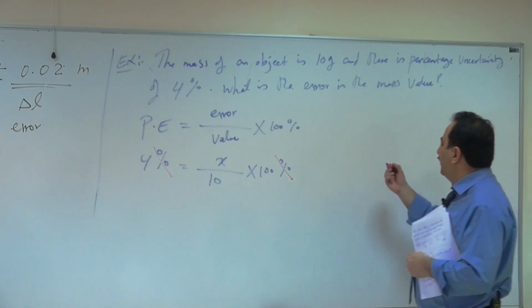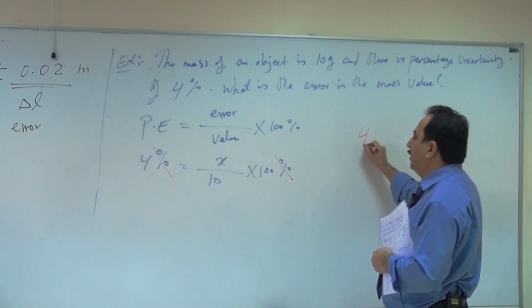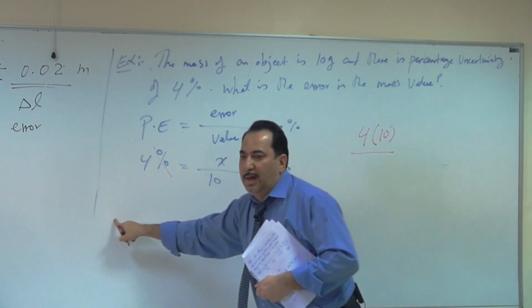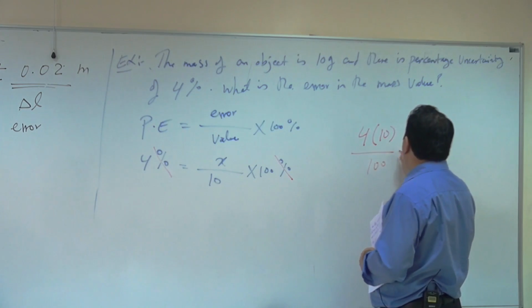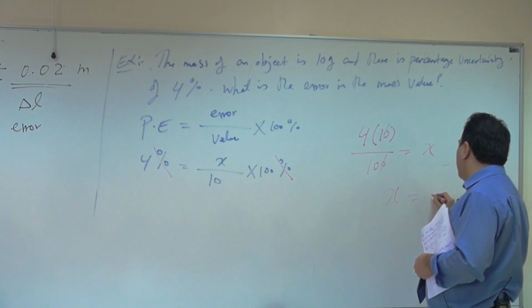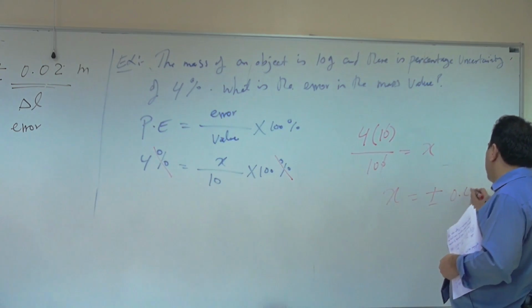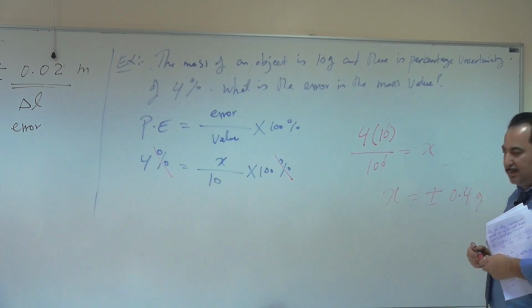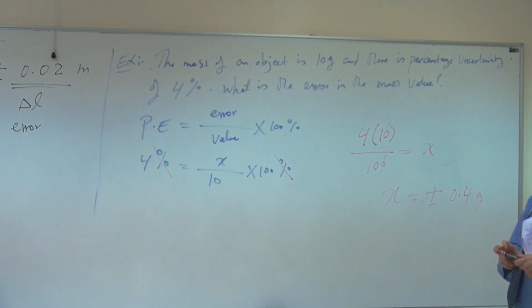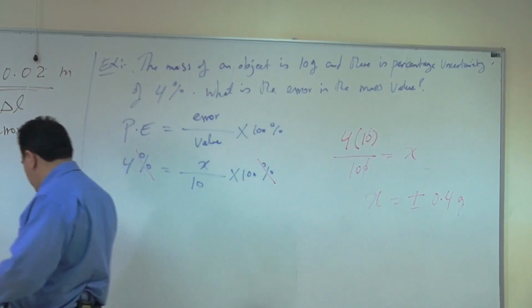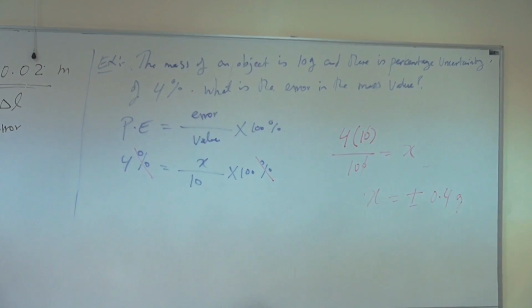So what is left? 4 multiplied by 10 over 100 equals X. So X is plus minus 0.4 gram because it's an error, plus minus. Okay? So be careful of this percentage.